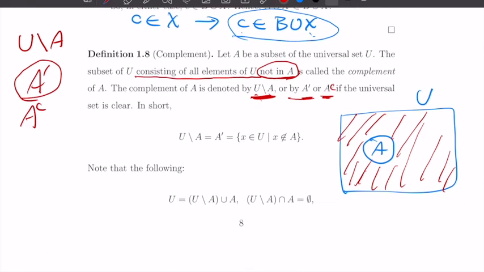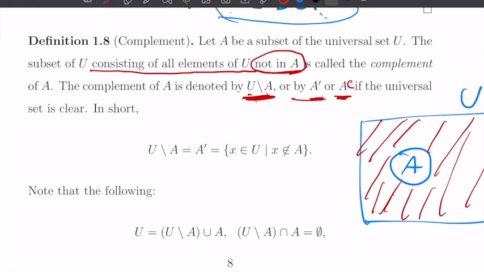To be more formal, this complement is defined by this property. In this case, the property is this: x does not belong to A.